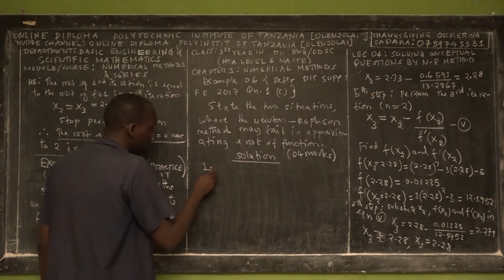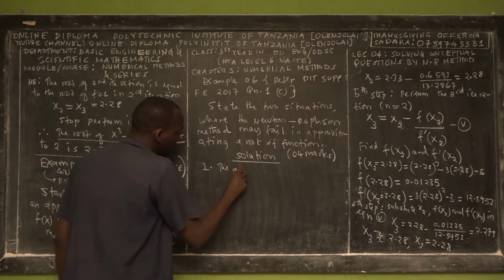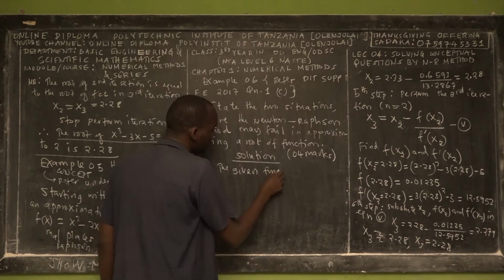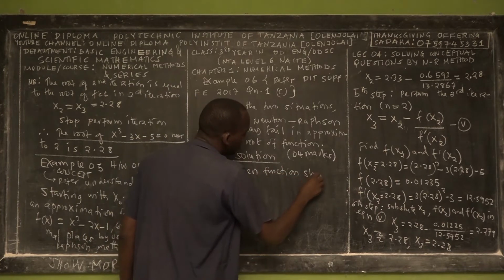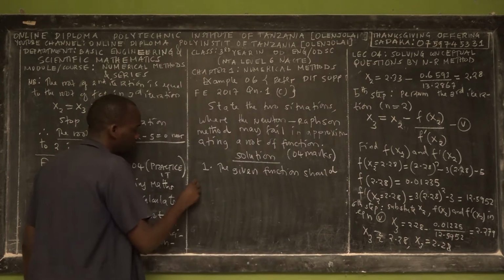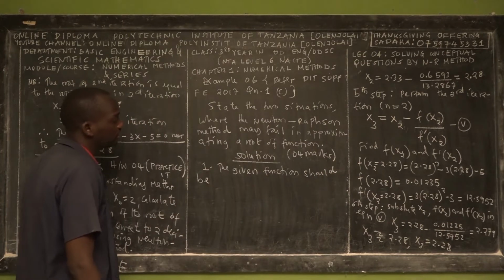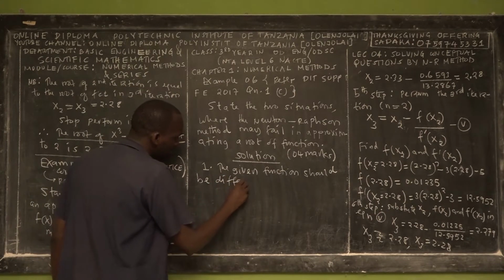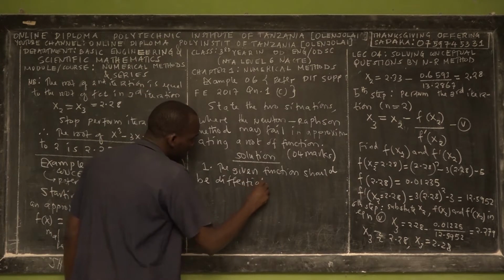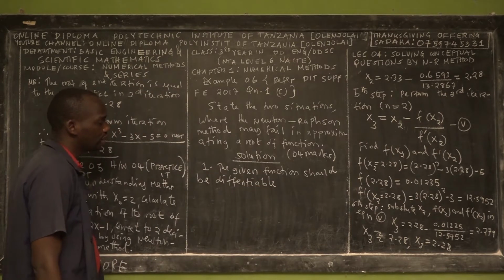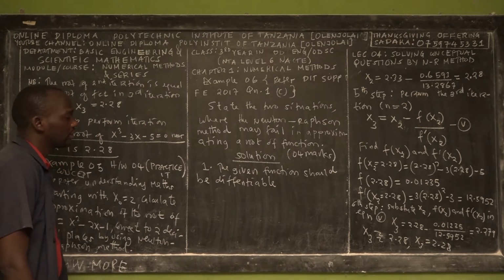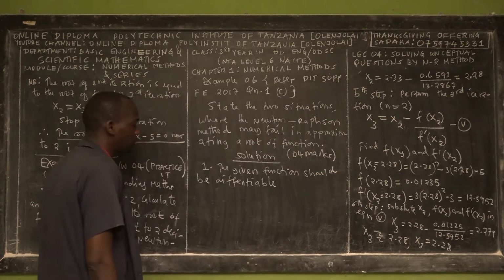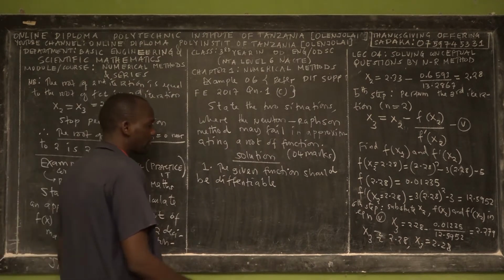So the first one: the given function, whether polynomial function or exponential function, should be, and each condition or situation carries 2 marks, differentiable. It means we should be able to differentiate the given function.